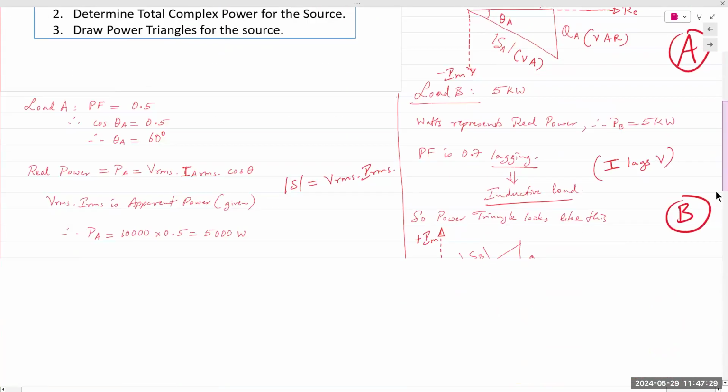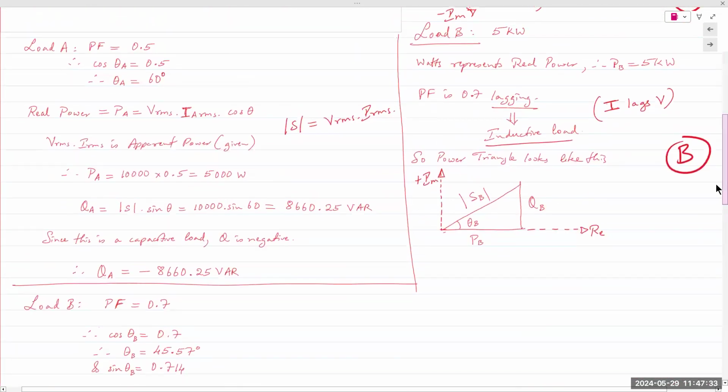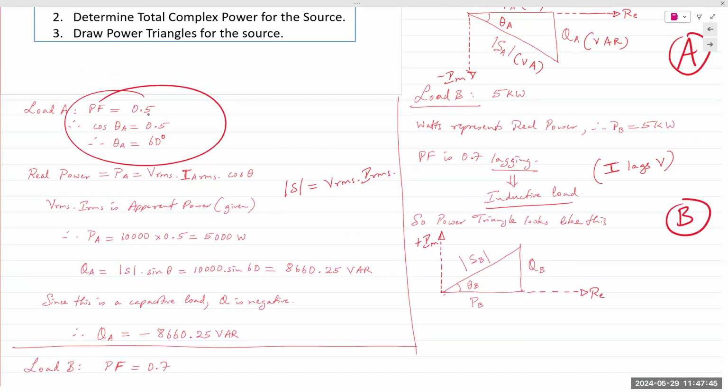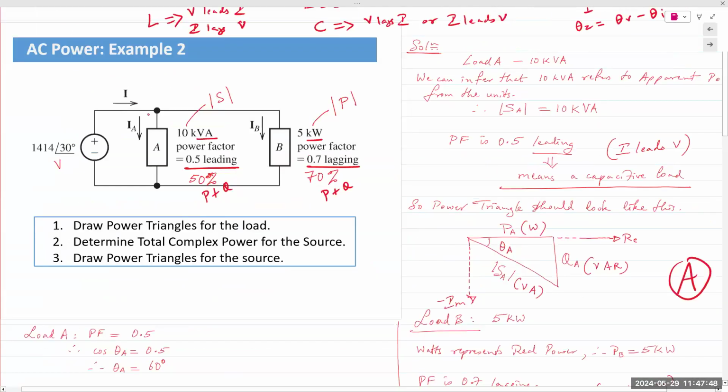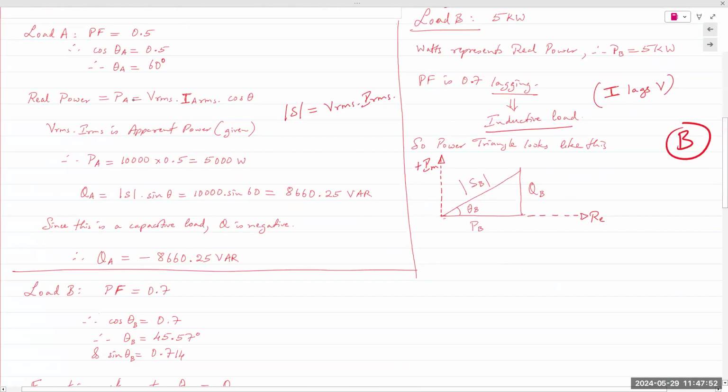All right. So then let's look at how we can determine the values. Now we have set up the problem and we have two quantities. We can use any trigonometric identities to actually determine the other two quantities. So the first one, load A, we have the power factor 0.5, cosine of theta. We find theta as 60 degrees. Once you have theta, you can simply plug it into the equations.